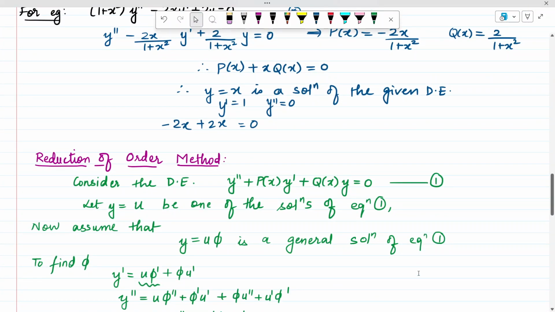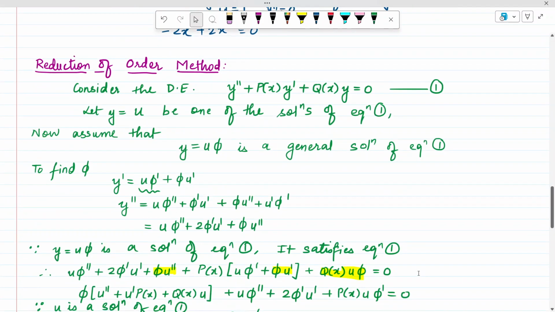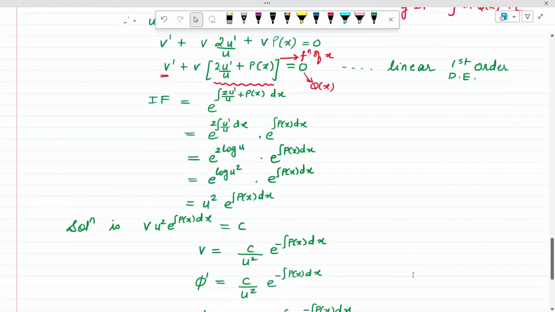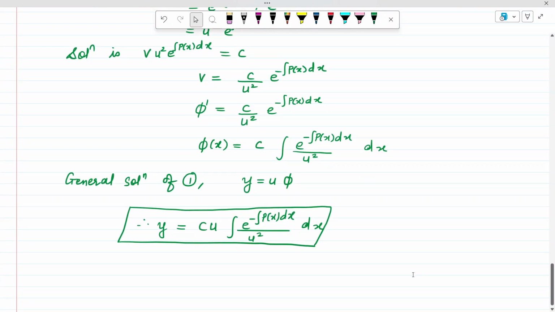Then we learned how to reduce the order. Suppose u is one of the solutions which we have already found. Then if we take phi as the second solution, my general solution of y would be u times phi. Our aim is to find this phi, and we found the formula for phi over here.